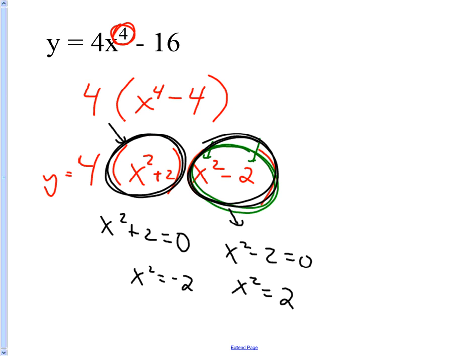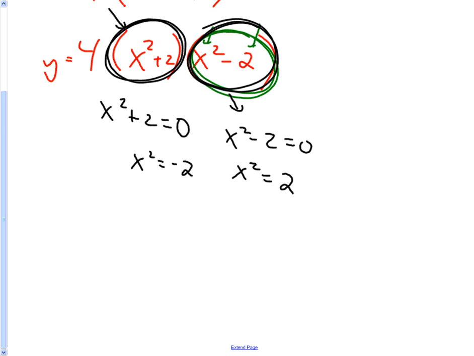The one on the left. The one on the left is the one that's going to have imaginary roots. So if I go square root on both sides, then I'll have absolute value of x. Remember that absolute value thingy. Your pre-calc teachers will beat you if you forget that it's an absolute value there. And then you have i root 2, and then to get the absolute value off of there, you just make it positive and negative i root 2.